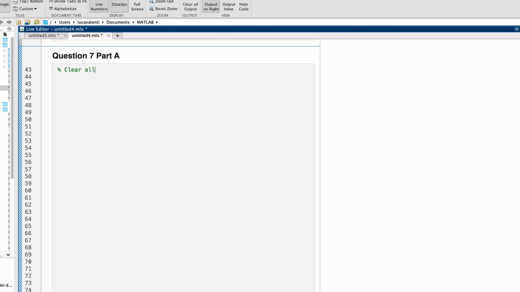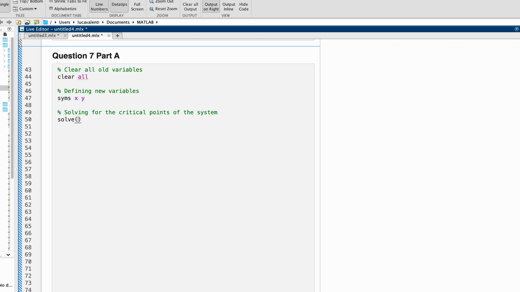So first thing, we're going to clear all old variables with the clear all command. Then we're going to define new variables, and we're going to be defining with the syms command x and y, and then we're going to solve for the critical points of the system.